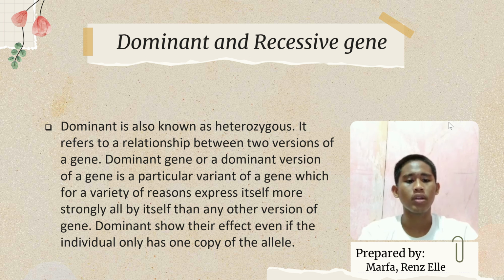A dominant version of a gene is a particular variant of a gene which, for a variety of reasons, expresses itself more strongly all by itself than any other version of a gene. Dominant alleles show their effect even if the individual only has one copy of the allele.